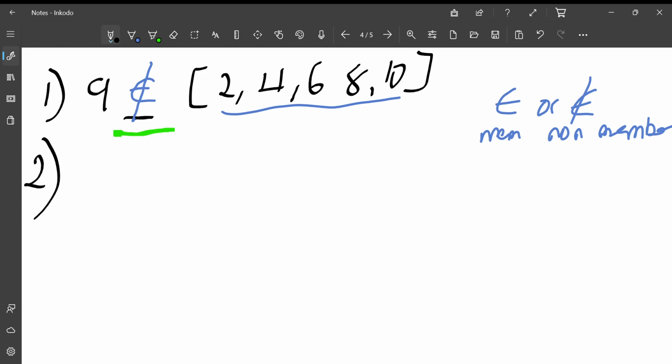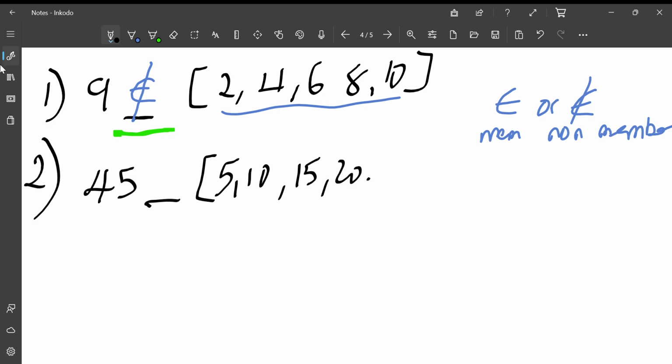So let's look at another example. Let's say 45 ___ {5, 10, 15, 20, ... to 100}.